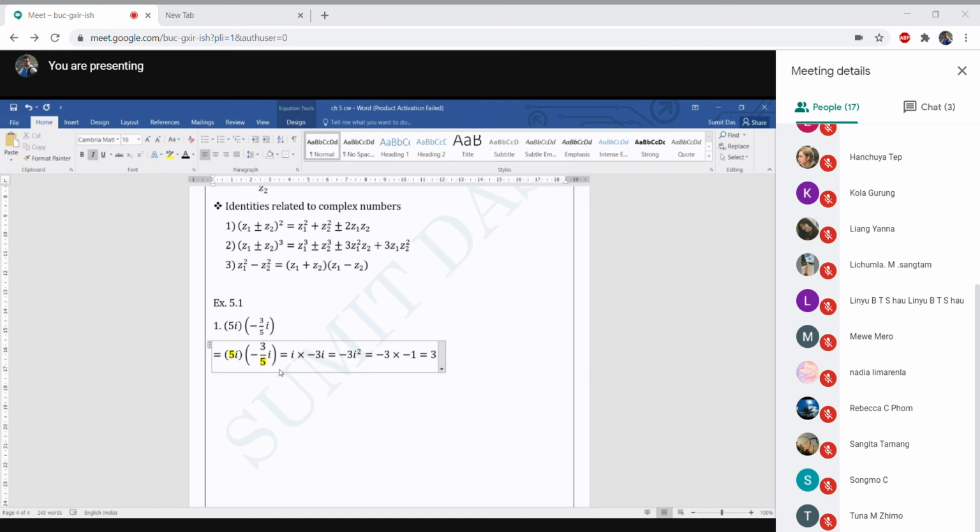So 3 we can write as 3 plus i into 0, that is our required complex number.